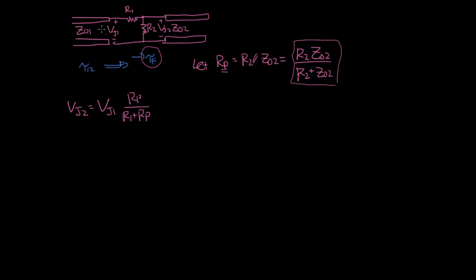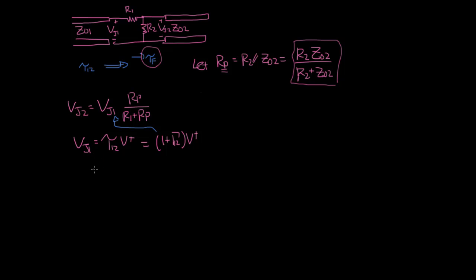So let's write VJ1 in terms of the rightward going wave. So remember that VJ1 is going to be equal to tau from 1 going to 2 of the wave that's going in the rightward direction, and that is also equal to 1 plus gamma 1, 2 times V plus. So let's go ahead and substitute that in here.